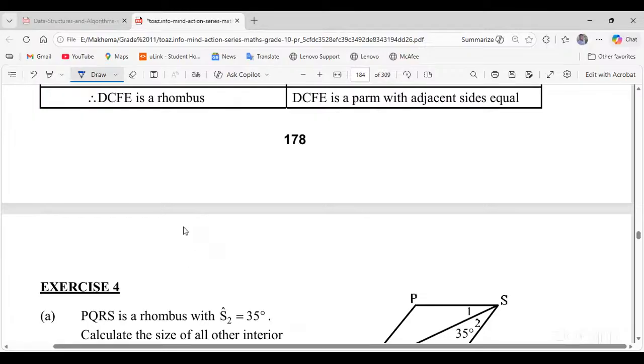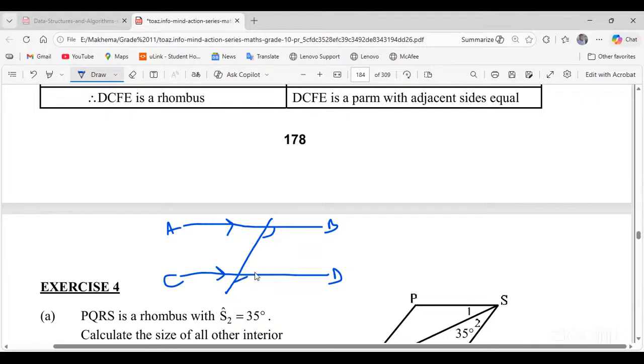So guys, wherever you have parallel lines, that is where you are allowed to use the reasoning: corresponding angles, alternate angles, and co-interior angles, only if there are parallel lines AB and CD. In this case, this angle will be equal to that angle. What is the reason behind this?